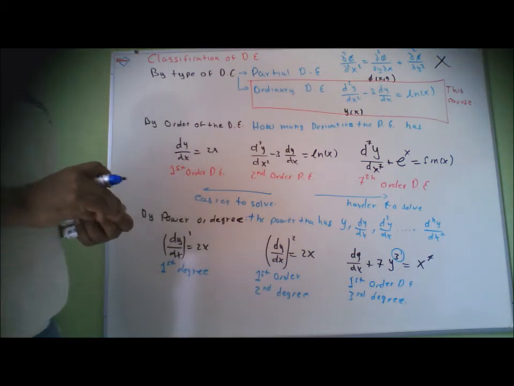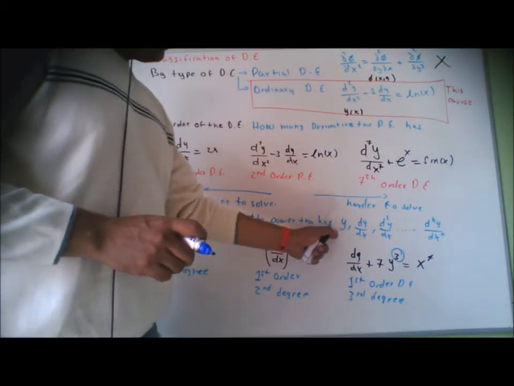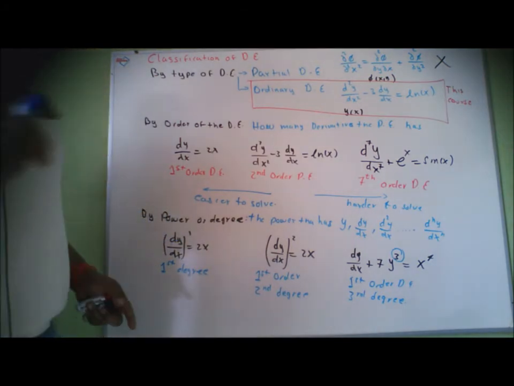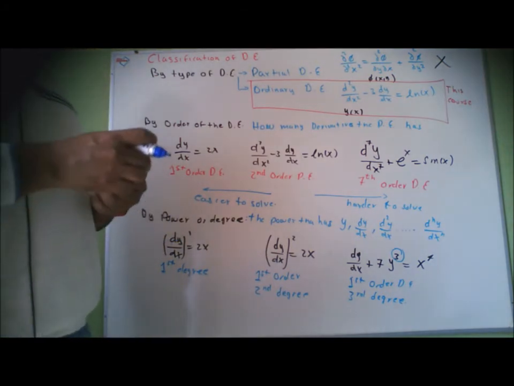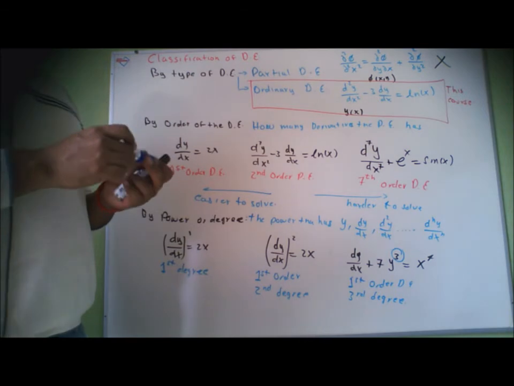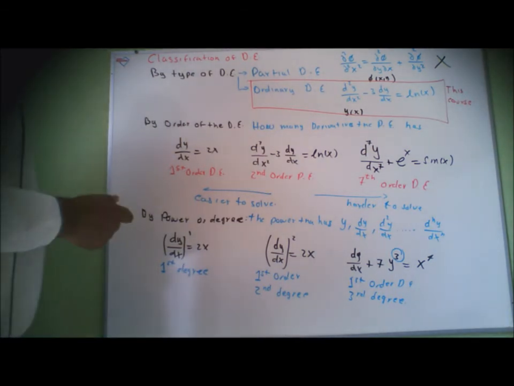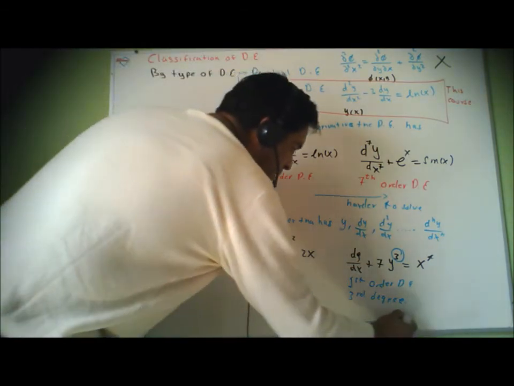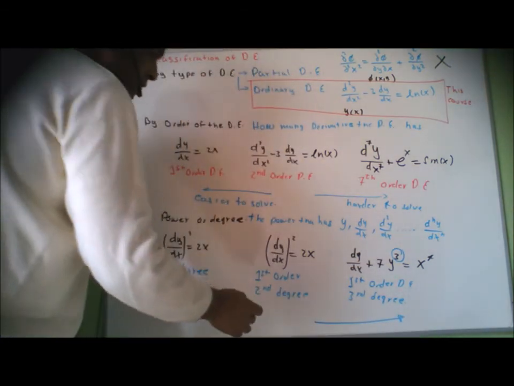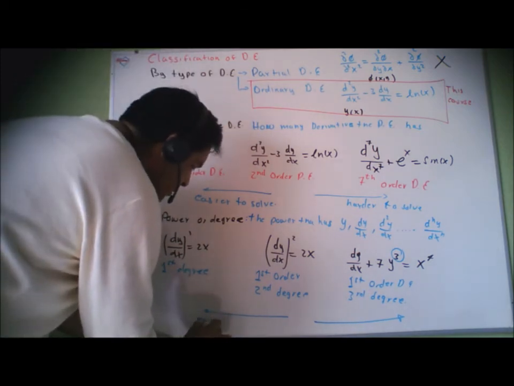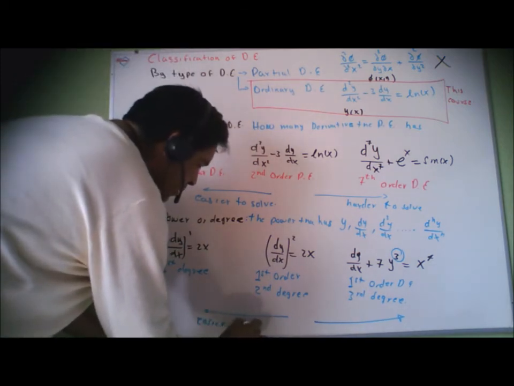The degree is only with the y or the derivatives of y with respect to x. X can be anything. You should only be concerned about the y. Just like with the order, the higher the degree, the more difficult, and the lower the degree, the easier to solve.